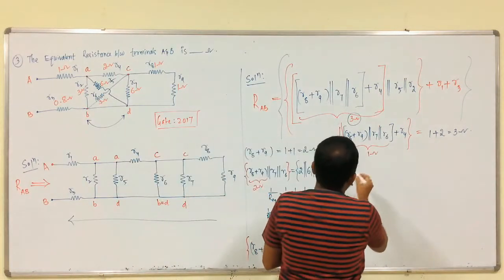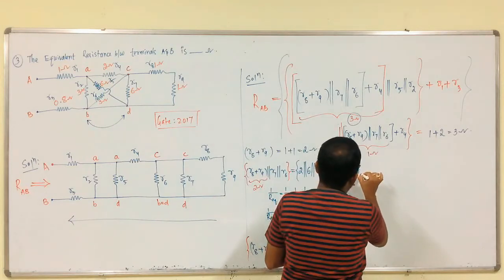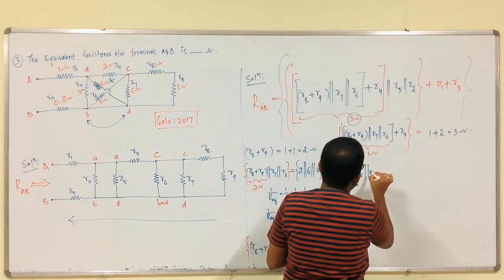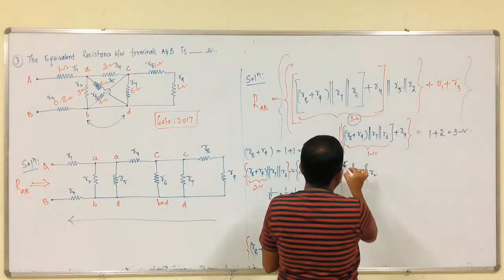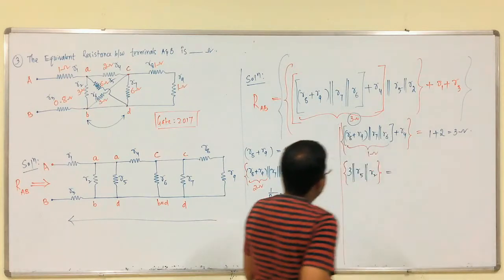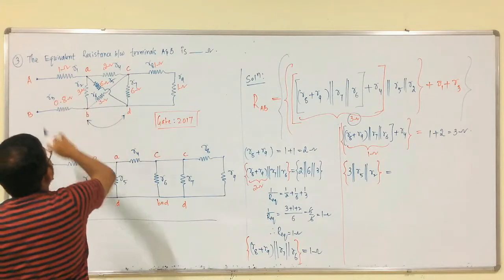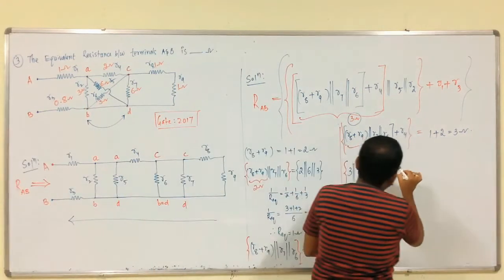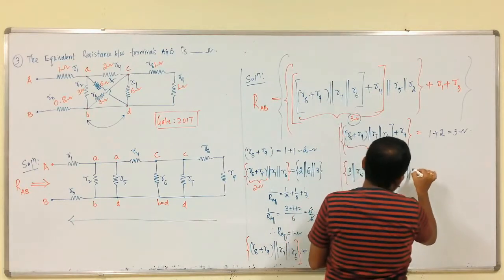Therefore, finally, this 3 ohm is connected in parallel with R 5 and R 2, that is it. Next, we have to calculate this. What is R 5? 6. What is R 2? R 2 is nothing but 3. So, 3 is parallel with 6 is parallel with 3.